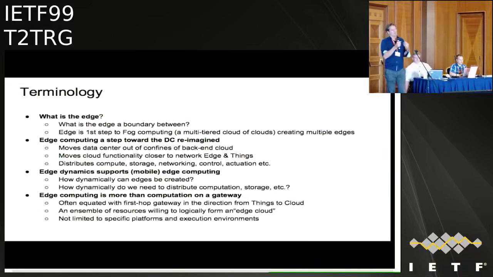So the idea that you install VMs on base stations, so in general, this is a kind of coarse-grained approach. So you may have other use cases in IoT where you need something a bit more fine granular. So the question is, how dynamically would you create edge compute functions or instances that execute functions? And how dynamically do you also need to adapt to different events in your local edge?